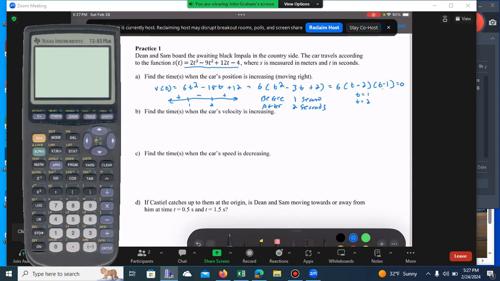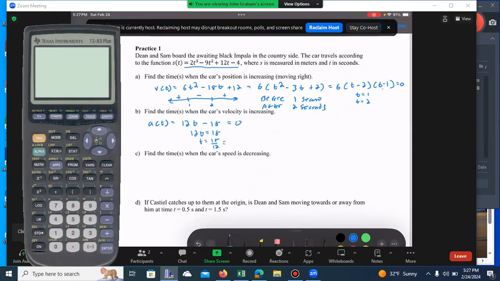So we want to find the time when the velocity is increasing, so we'll find acceleration. We'll set that equal to 0 and find t equals 18 over 12.